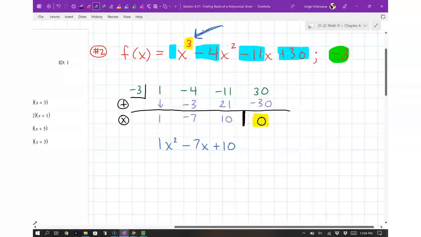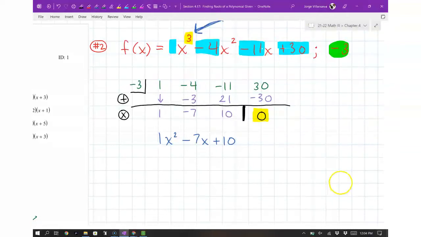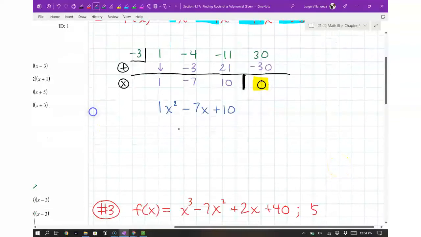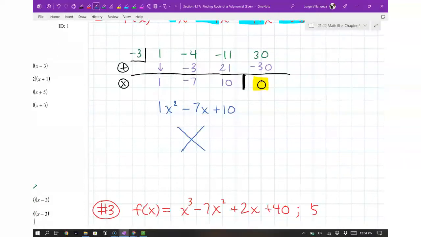Now, remember what I told you guys. When you do these problems, you're going to do synthetic division first, then X method second, right? So I'm going to factor what I just found using the X method. Now remember, to use the X method, you have to know your ABCs. So A, B, C is right there.